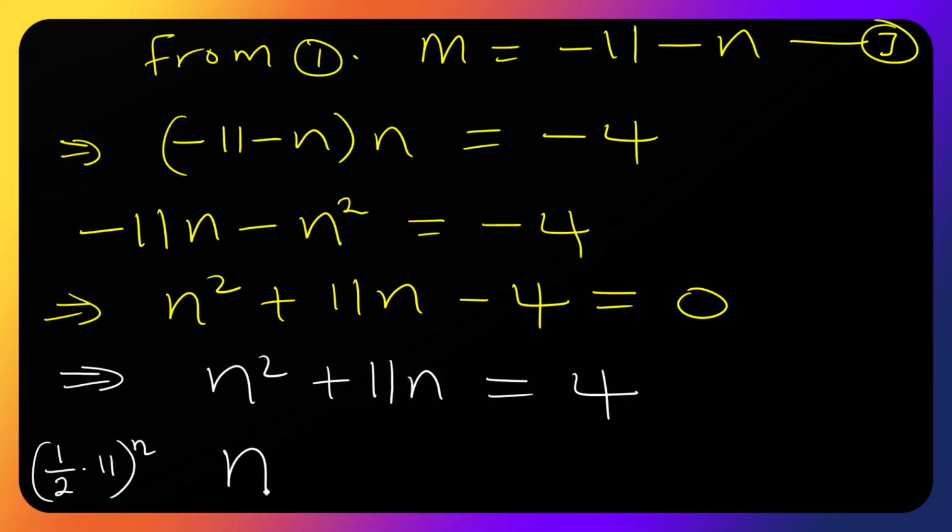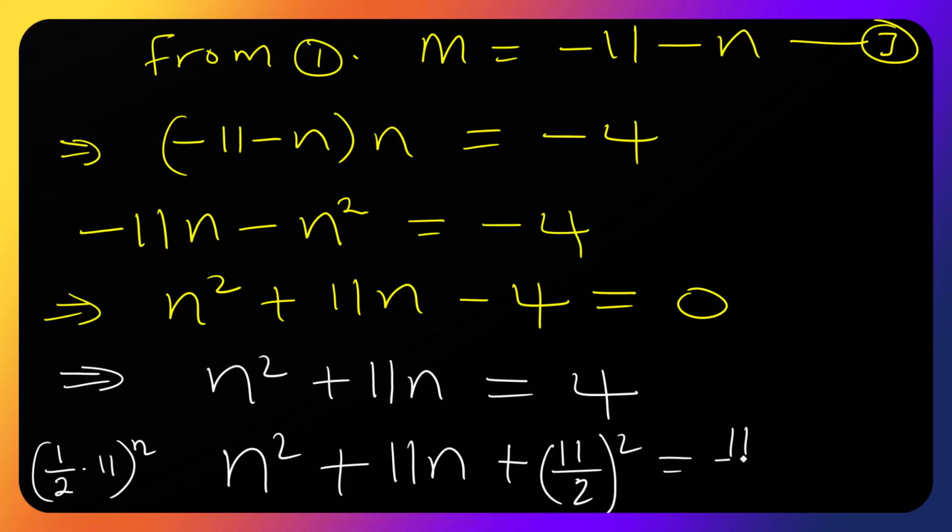So that will be n squared plus 11n plus 11 on 2 squared equals 11 on 2 squared plus 4.